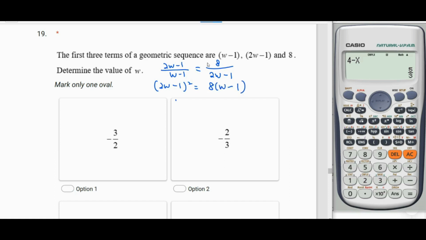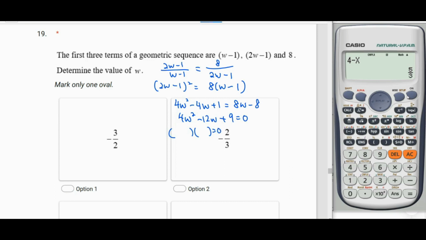Then we expand this square, and we rearrange, and then we try to factorize.